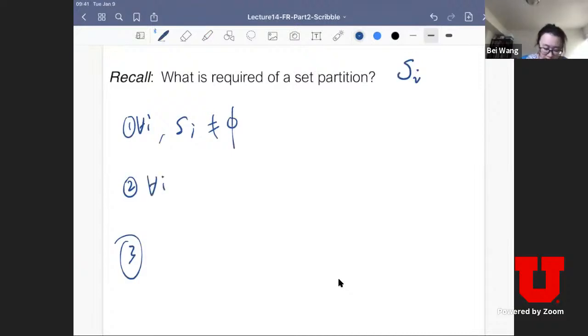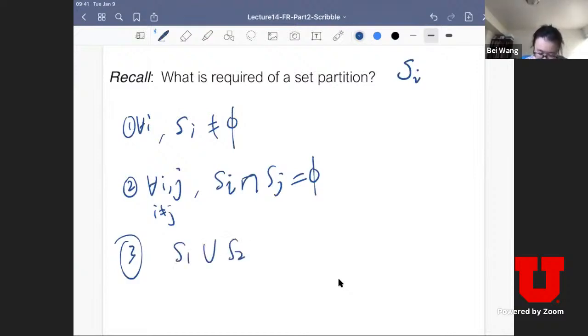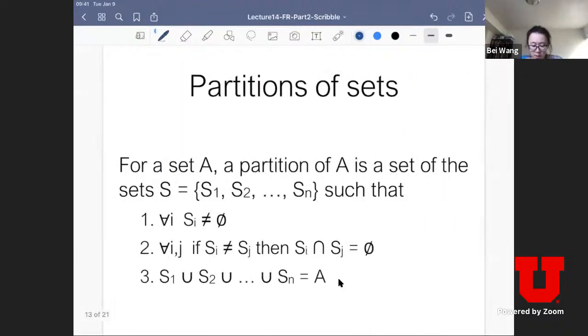The second is that for any pair of elements, their intersection is empty. And the last one is if I have n partitions, the union is equal to the domain, which is a set. So this is what's spelled out in detail.